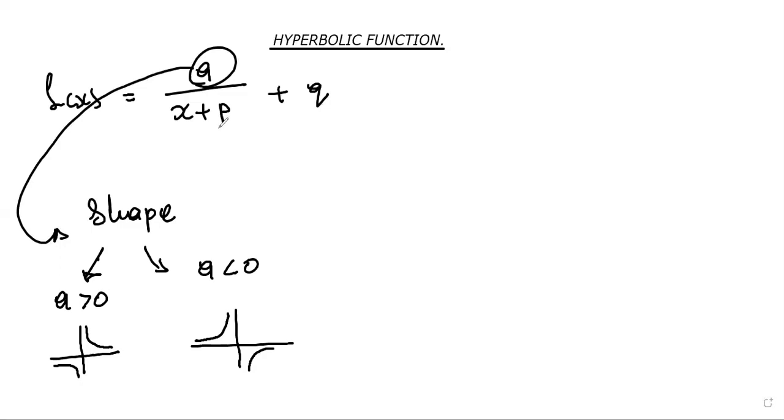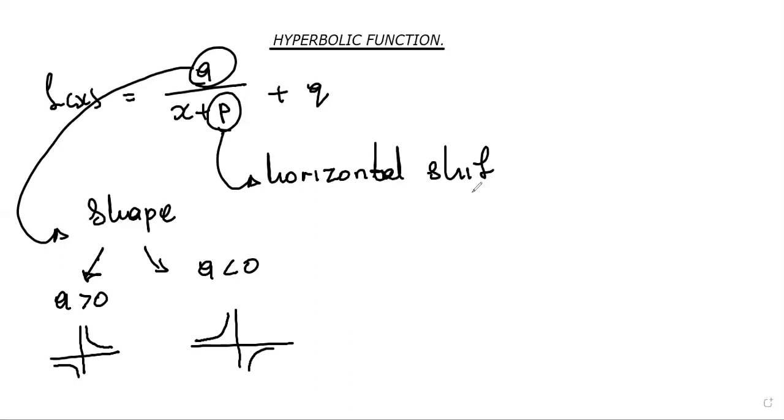That's fine. So what about this p? The p is going to tell you about the horizontal shift. By how many units did we shift our function, either to the left or the right? But most importantly, your p is going to tell you the vertical asymptote.